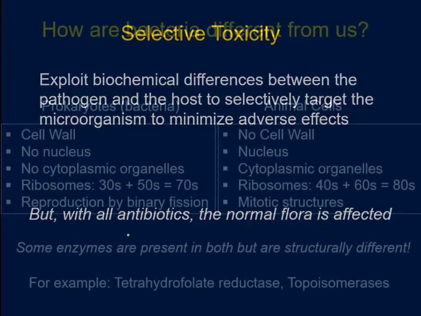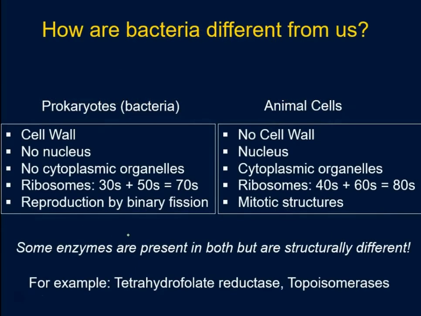Okay. So before we go on, let's talk specifically about the features that are unique to bacteria. Let's actually compare bacteria and animal cells. And this is probably a review. Prokaryotes are bacteria, so they contain the cell wall.